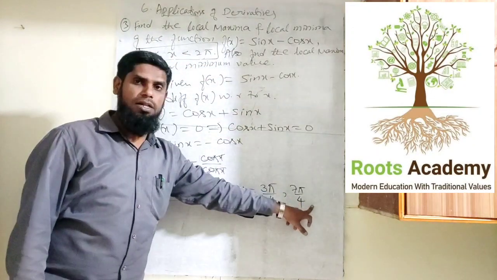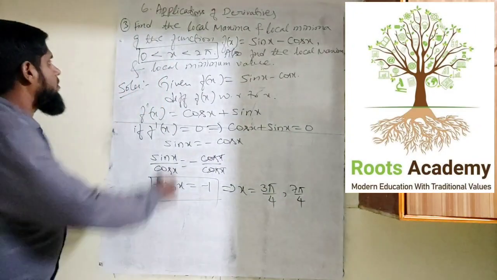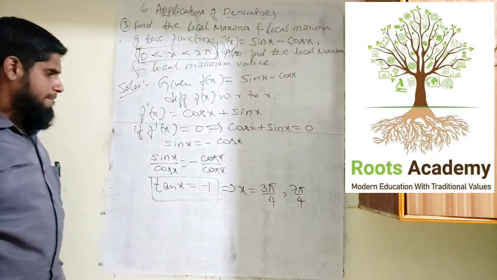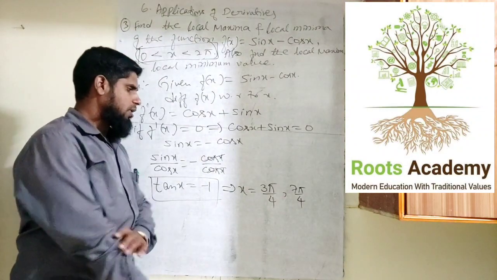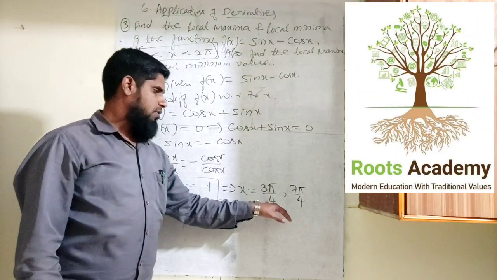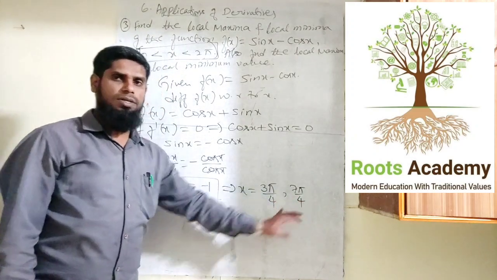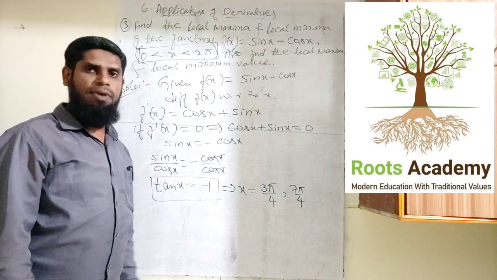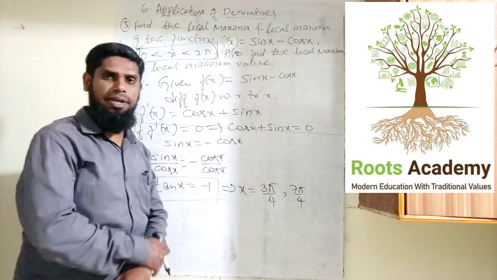These two angles satisfy the condition 0 to 2 pi. So let us apply these two critical points to this particular function to know where it is maximum and where it is minimum.